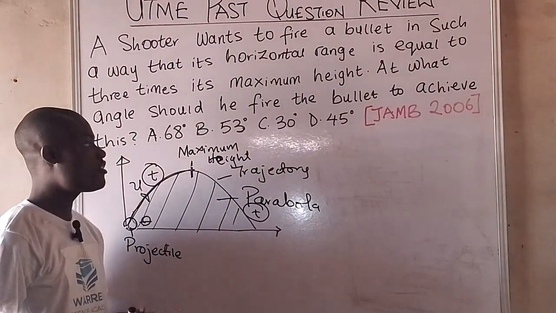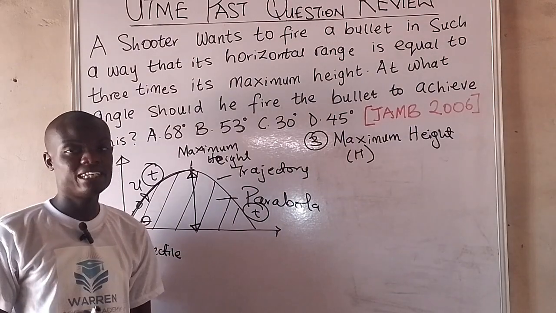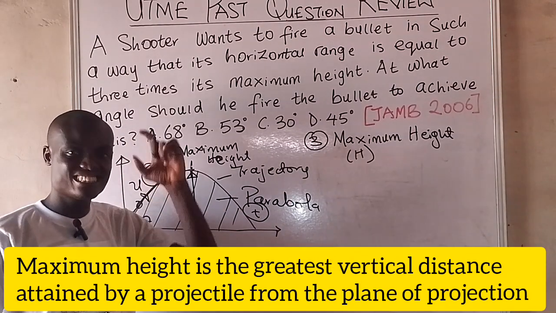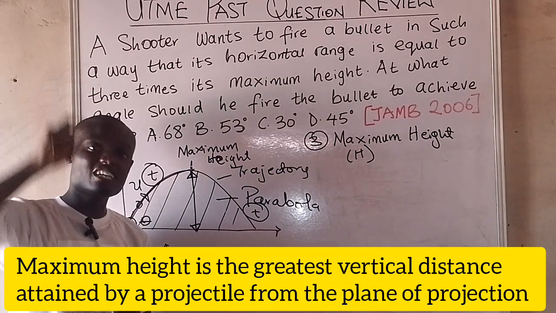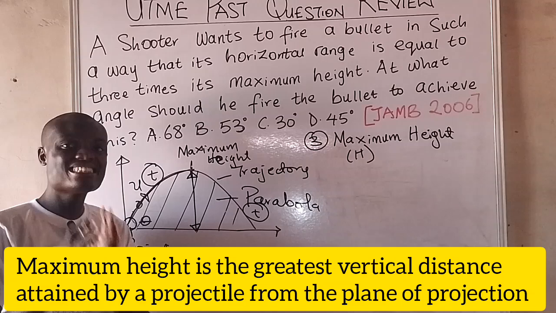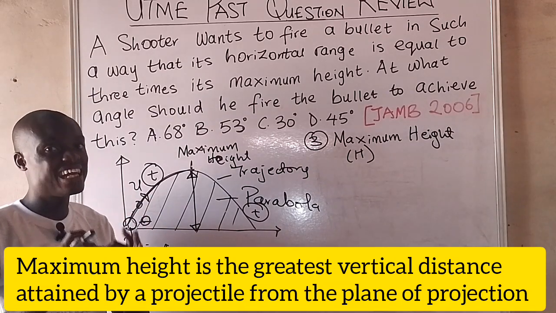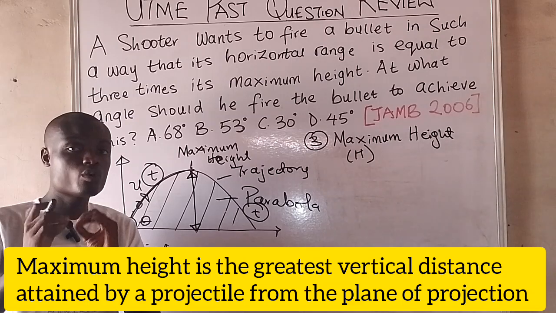Moving on, the third formula is the formula for maximum height. Maximum means the greatest, and height means a vertical distance. So maximum height is the greatest vertical distance a projectile can attain from the point of projection.